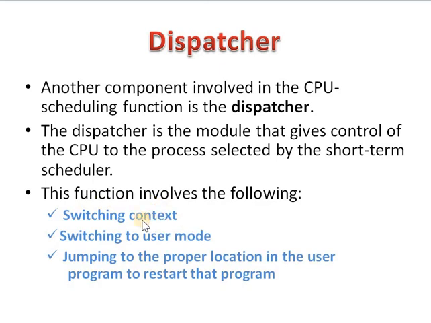It is one of the responsibilities of the dispatcher, where the currently running process is halted and its PCB is stored into the main memory and another process is loaded for the execution. This is the context switching.